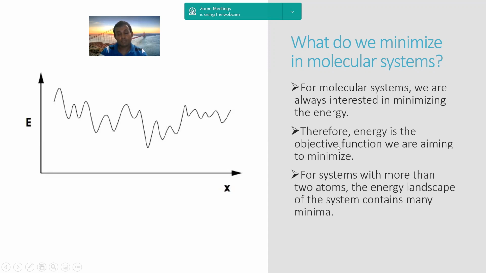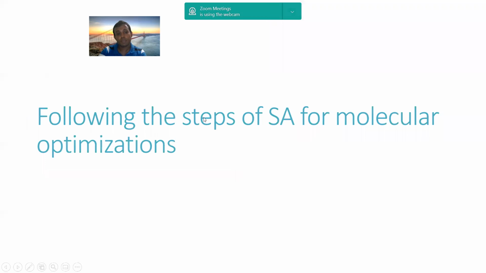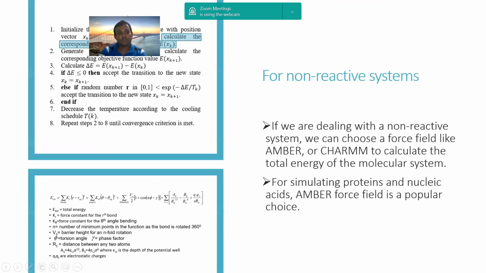And for a system that has more than two atoms, the energy landscape of the system is usually a very rugged one, like as shown in this diagram, where there are so many local minima and a global minimum.